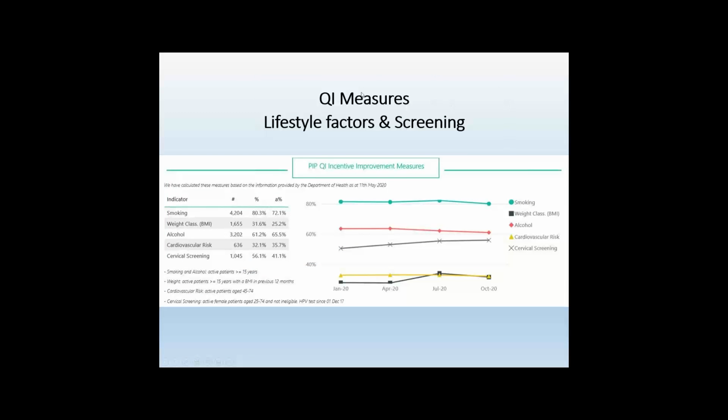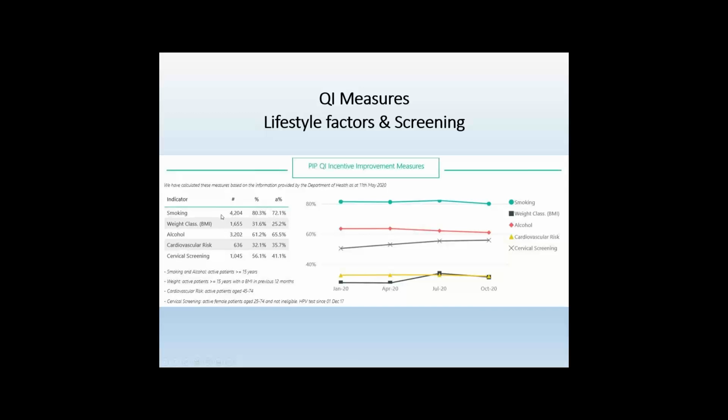Quality improvement measures. As you probably know, there's 10 of these PIPQI incentive improvement measures, but we've split them up into 2 sections. So in this section, we've got 5 of the measures that can be classed as lifestyle factors and screening. So we've got smoking, BMI, alcohol, cardiovascular risk, and cervical screening. They've got notes down below here defining the relevant population for those different measures.